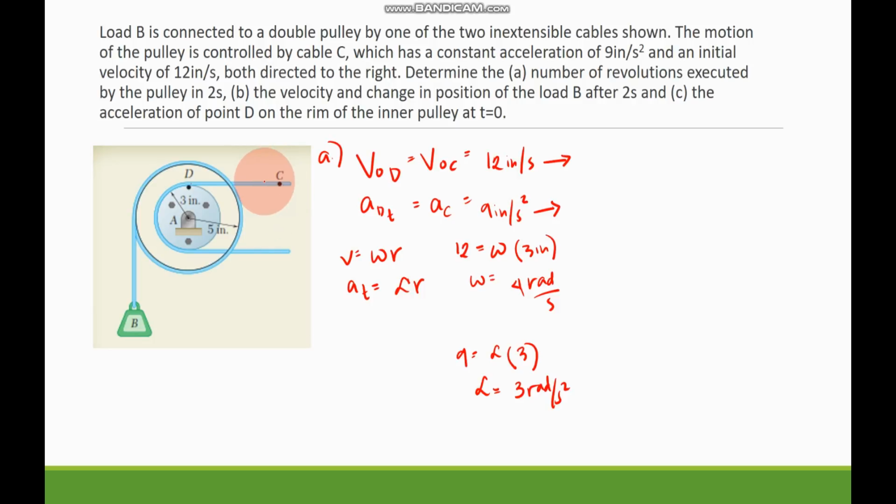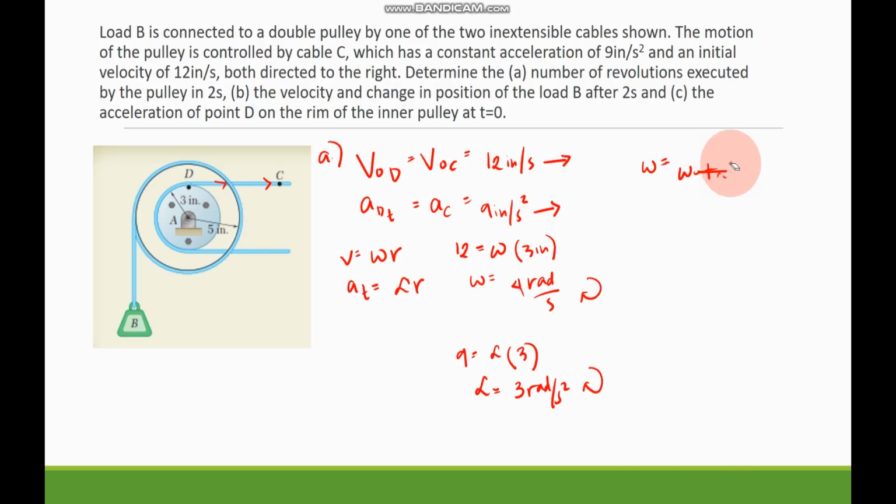As you can see, the direction of our velocity is going this way, so we can assume that the angular velocity is in clockwise motion. And the acceleration is also in the clockwise direction. So you can say that the angular acceleration is constant. Since the angular acceleration is constant, we have a formula here.